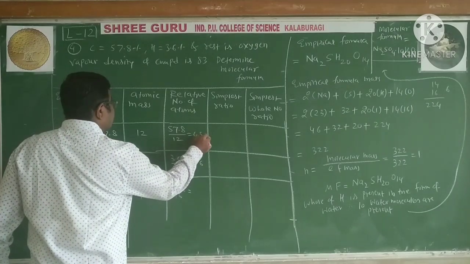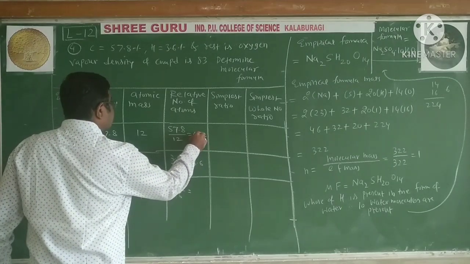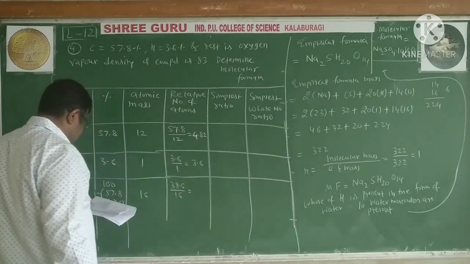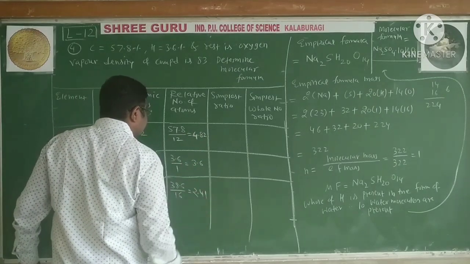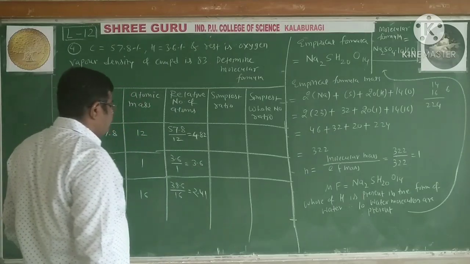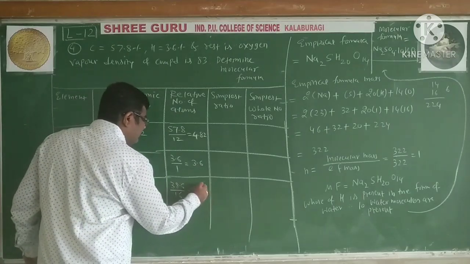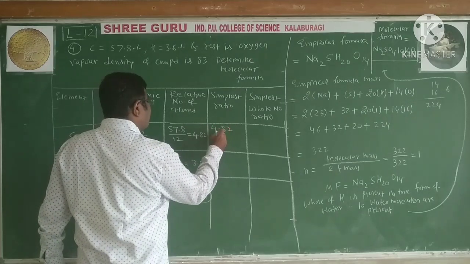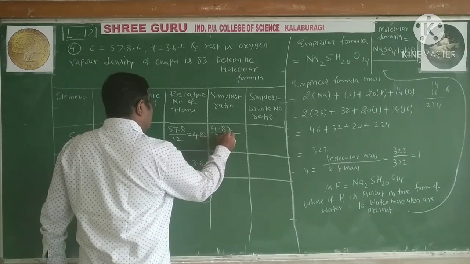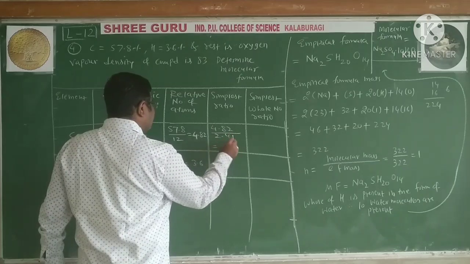Right? And this is 2.41. And the smallest one is this one. 4.82 divided by 2.41 seems to be 2 here.